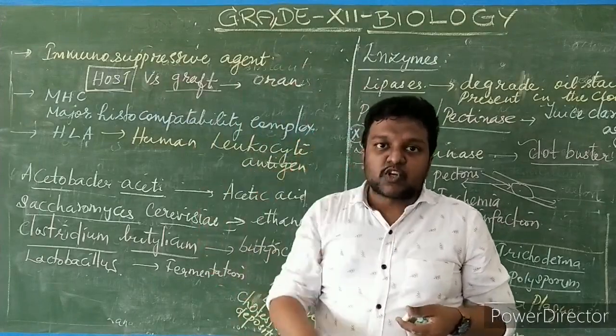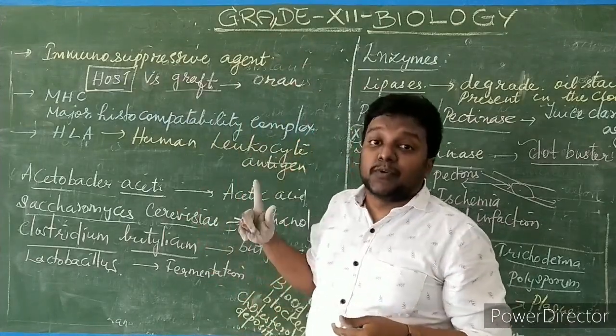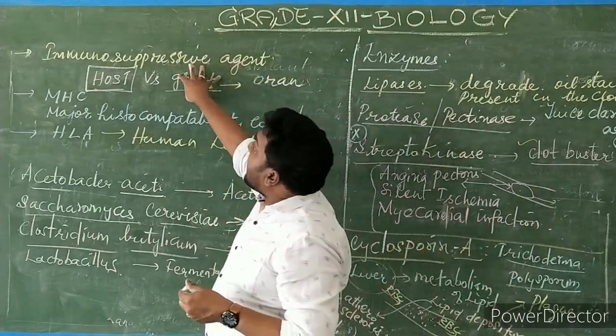The immune system should be suppressed so as not to be involved in graft rejection.